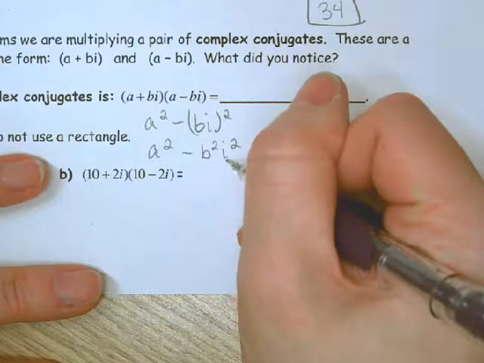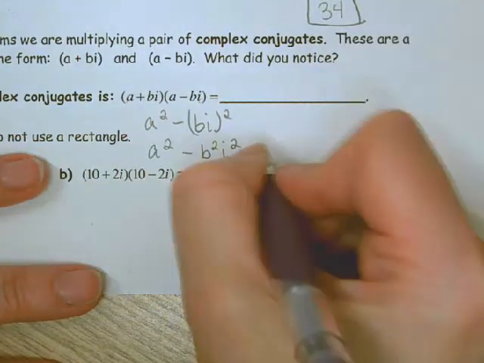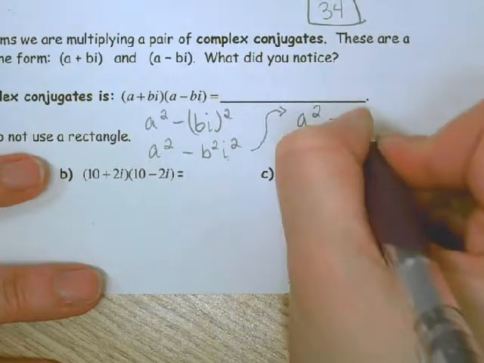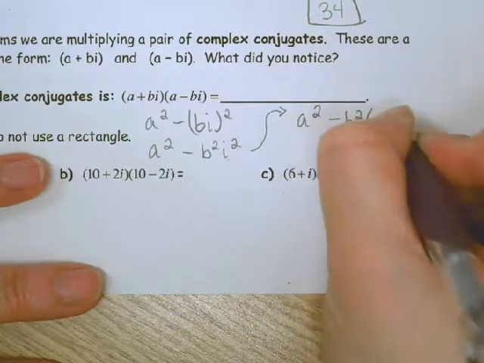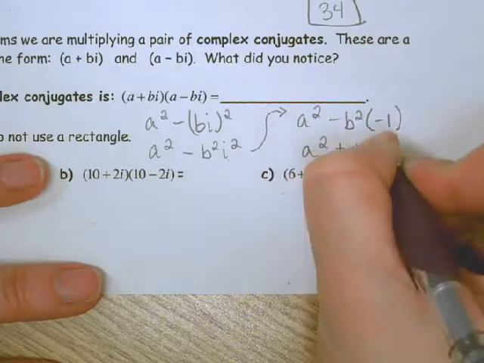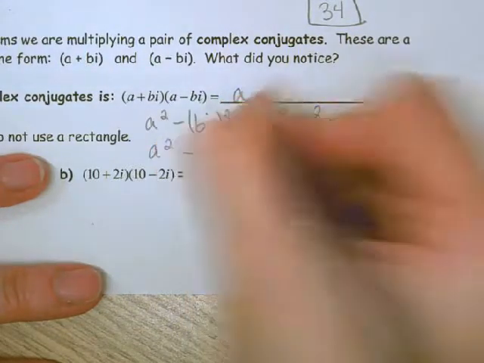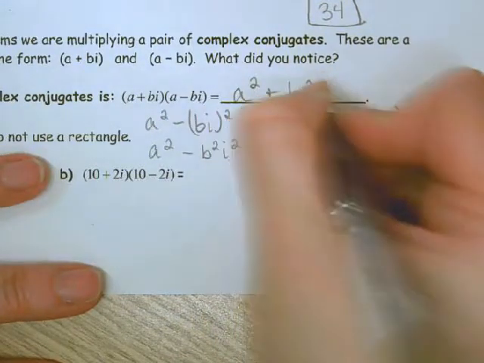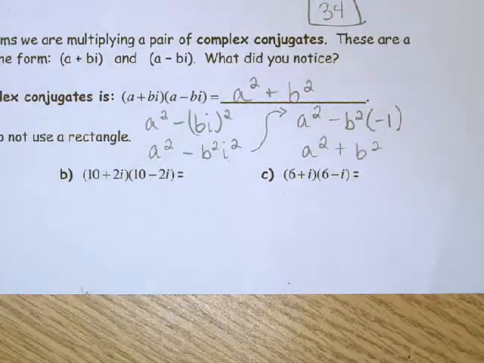We know i squared is negative 1. I'm going to bring that up here. So a squared minus b squared times negative 1, which makes it a squared plus b squared. And that's my general form for that complex conjugate. Something that we couldn't ever factor before.